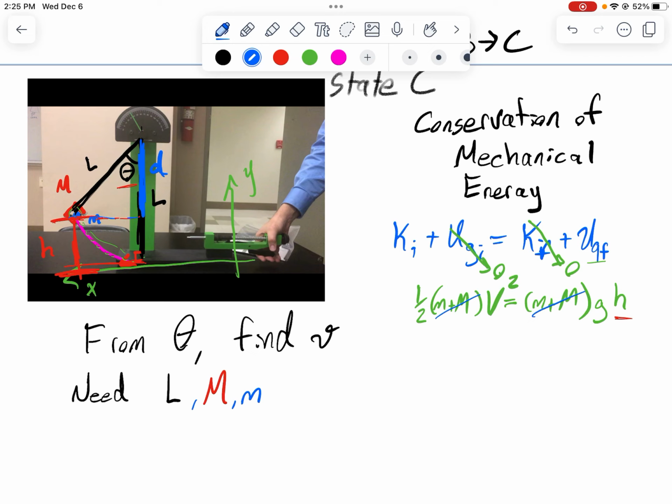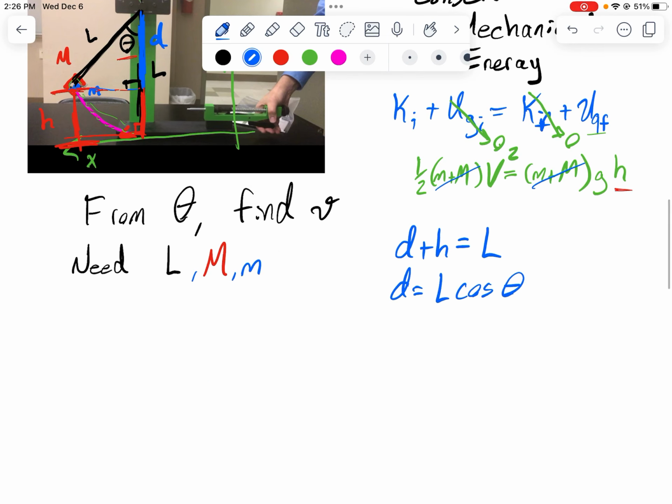And so if we add D to the part that's left over, which is h, we should get L. So D plus h is equal to L. Well, this is a right triangle, so D is equal to L cosine theta. And so we put that together, we get h is equal to L times (1 minus cosine theta).